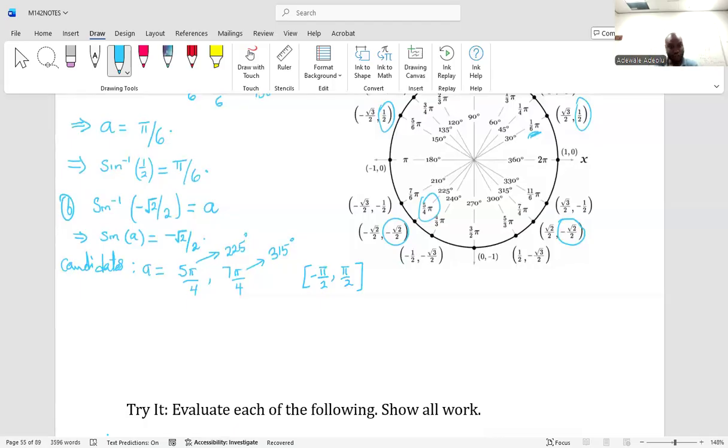So what trick can we play now? Let us see. We have 315 somewhere here, right? Remember that if we move from here to here, now we move clockwise. I'm now using the idea of coterminal angles. So I can claim that sine of negative pi over 4 is going to be negative root 2 over 2.